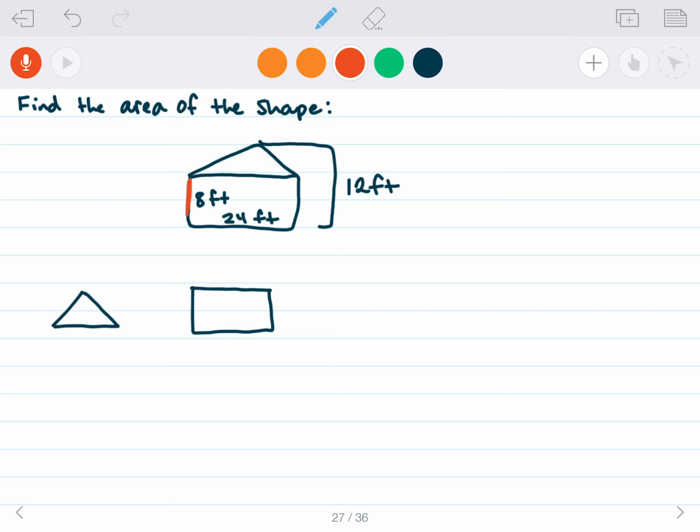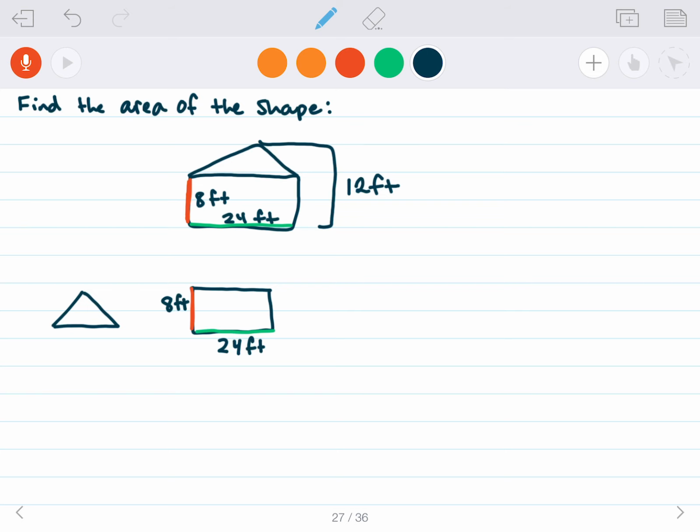We're given that this little width right here is 8 feet, and that the base of this rectangle, the length, is 24 feet. So that's pretty easy to find the area of that shape.